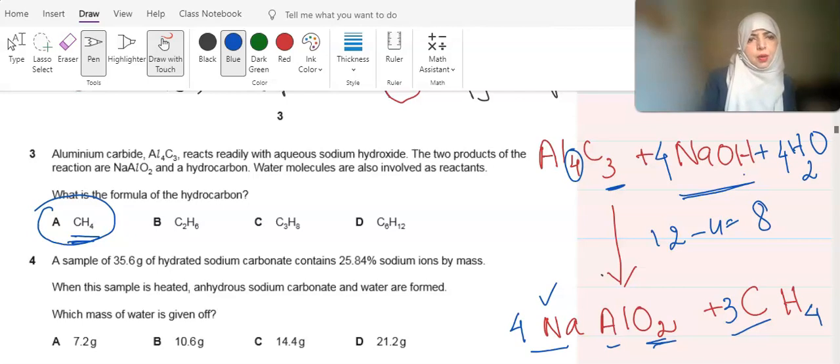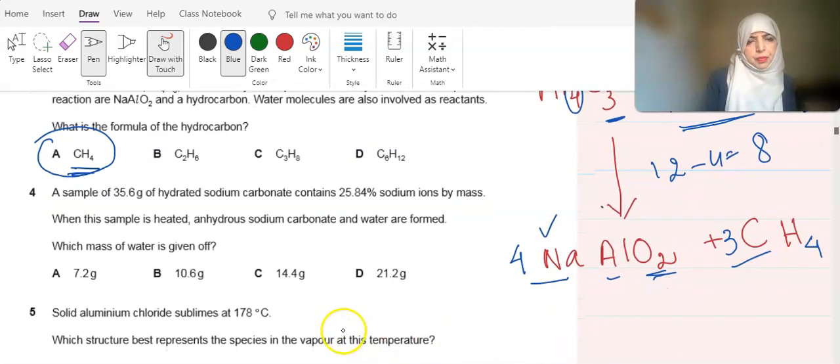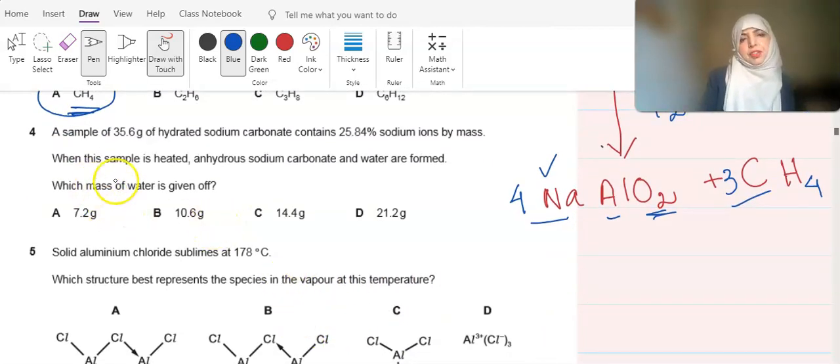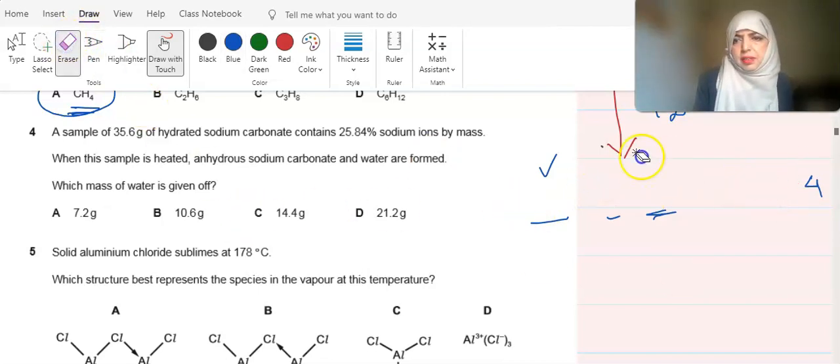Okay, now coming toward the fourth question. A sample of 35.6 gram of hydrated sodium carbonate contains 25.84% sodium ion by mass. When this sample is heated, anhydrous sodium carbonate and water are formed. So now in this case, let me use this eraser and I would like to explain it.